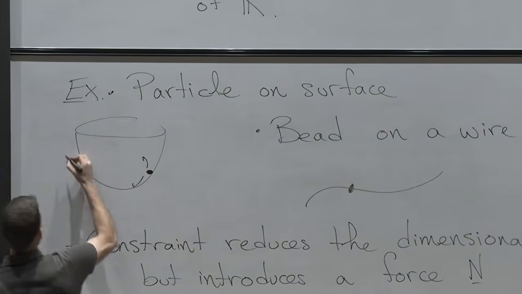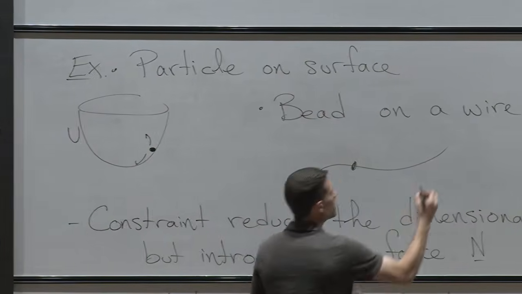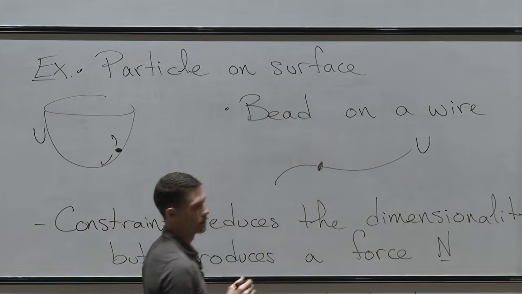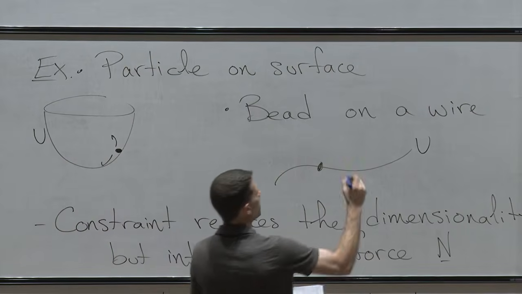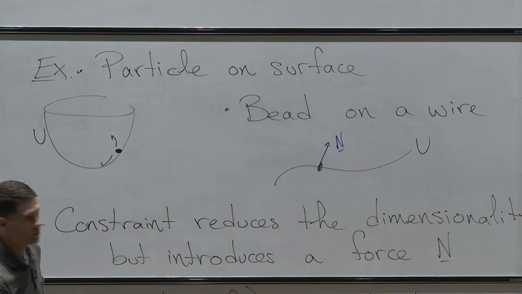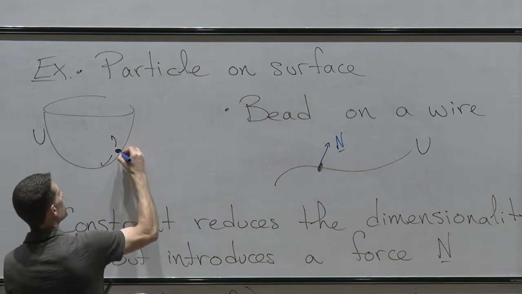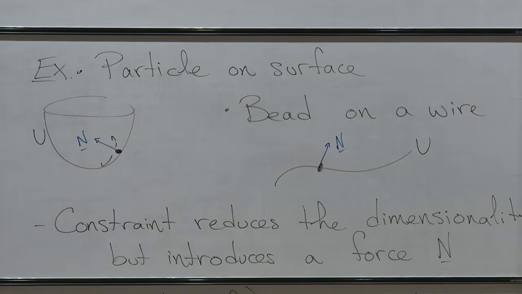In this picture, U is the surface of the bowl, and in this case, U is the curve of the wire. And what we're saying is that at any given time, I'm only considering a force that goes perpendicular to that space.